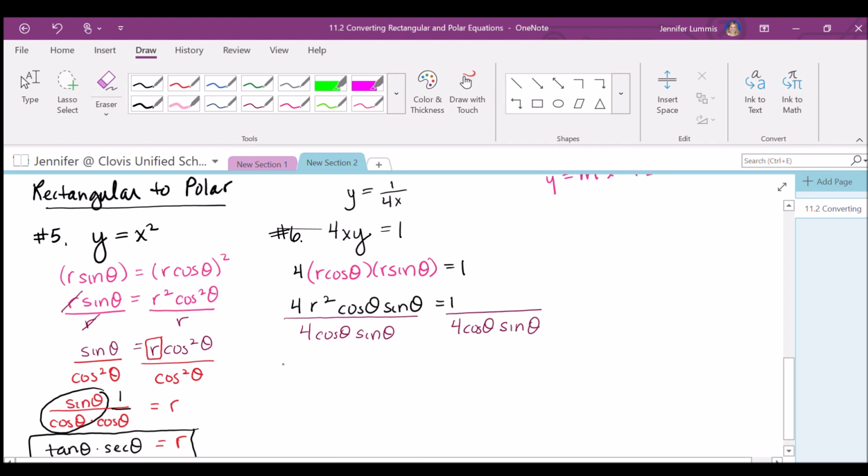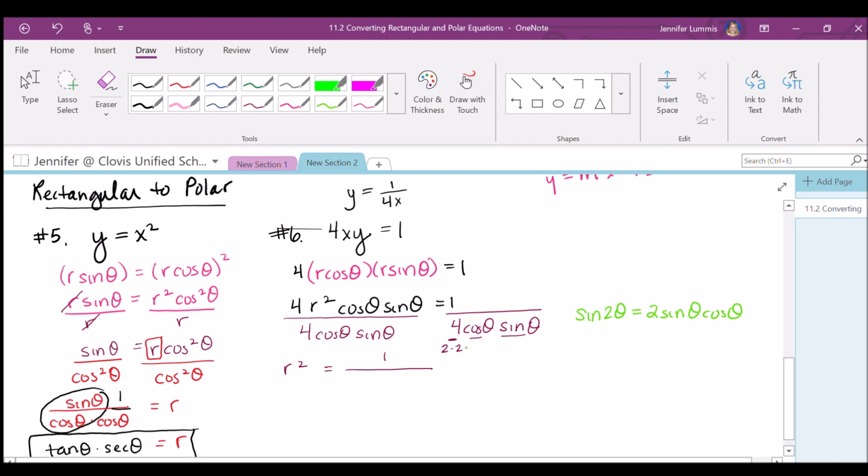So I'm now left with r squared is equal to 1 over, and maybe you saw this pattern here. There's a 2 embedded in that 4, 2 times 2. And then I also have the sine and the cosine following. So remember that sine 2 theta is equal to 2 sine cosine.